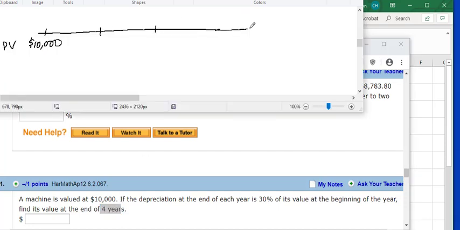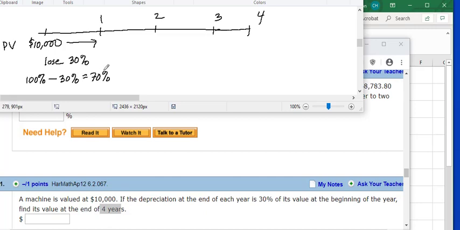So my mind sees this. In the first year, it's going to lose 30%. So that means its value will be 100% of the beginning value, but take away 30%. If it loses 30%, it's going to keep 70%. So you're going to times this by 0.7, and after 1 year, its value will only be $7,000. And then for the next year, that 7,000 is going to lose 30% more.